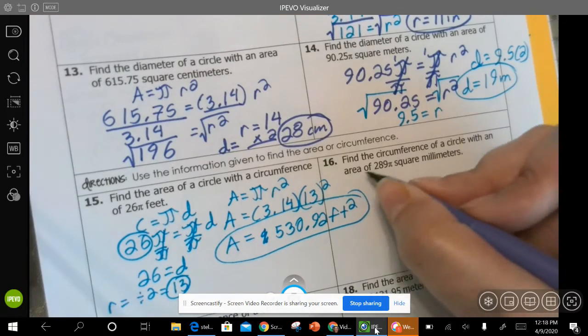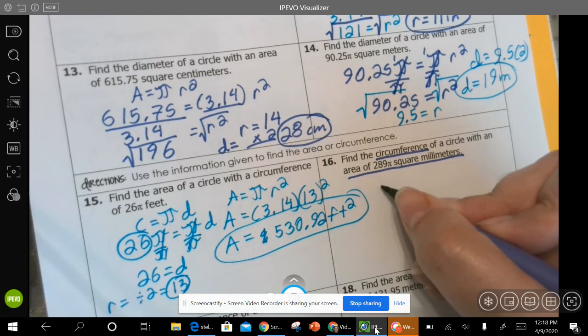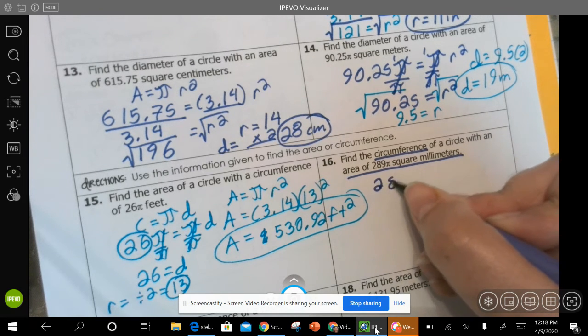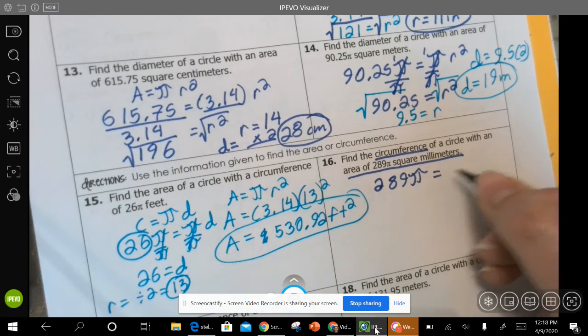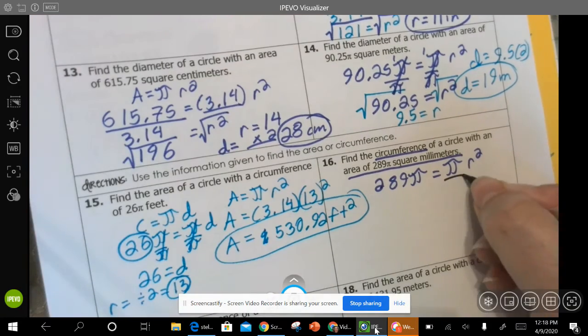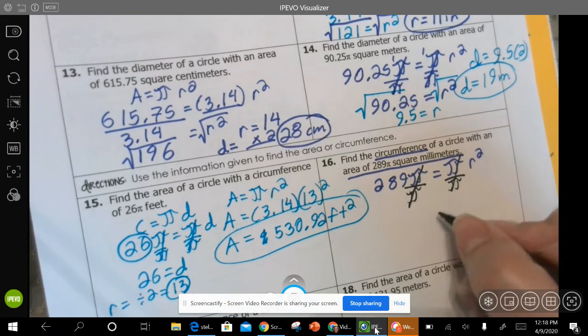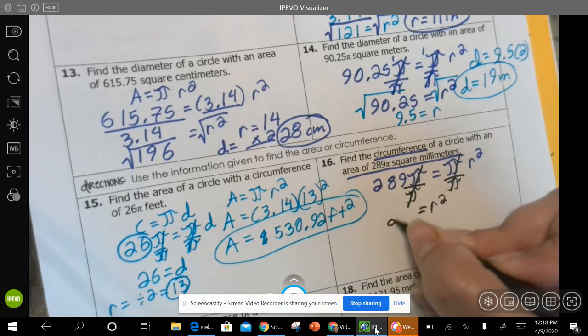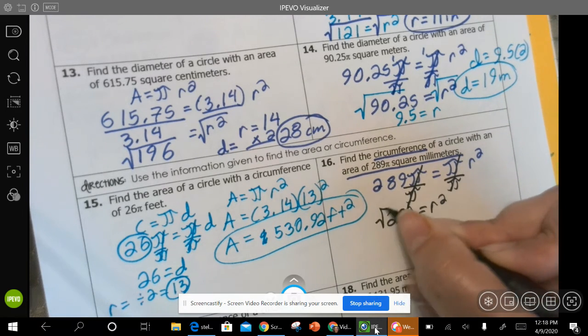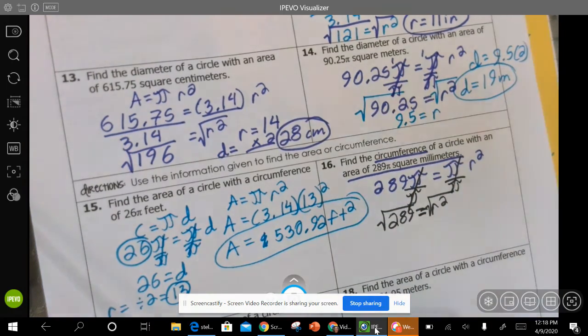What if they give us the area and they want us to find the circumference? Now we're going the other way. They give us 298 pi. Remember that area is pi r squared. You guessed it, we're going to divide each side by pi. Now we get radius squared is equal to 298. I take the square root of each side.